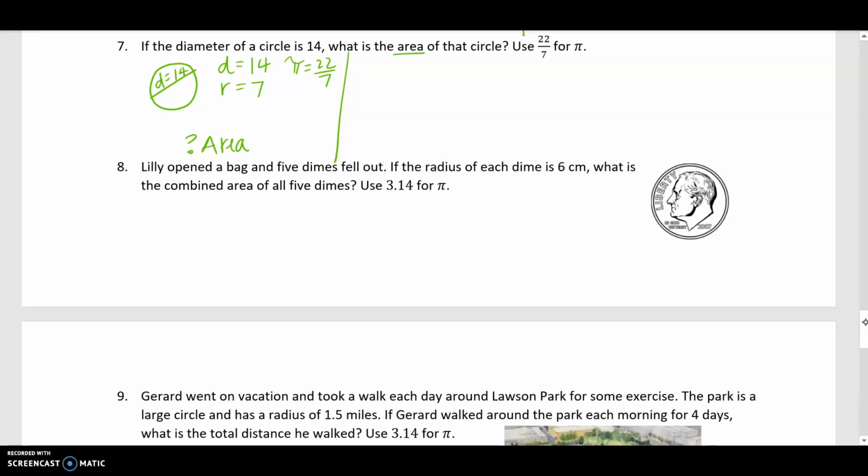So I go to my formula chart and it says area equals pi r squared. So in this case, pi is going to be 22 over 7, and I need r squared. So r squared is the radius, so 7 times itself. 7 times 7 is 49.